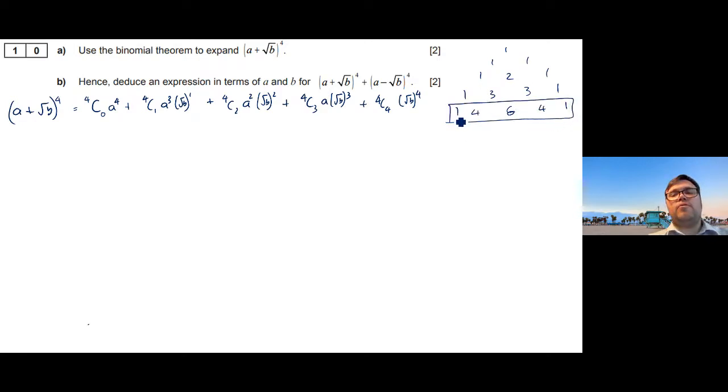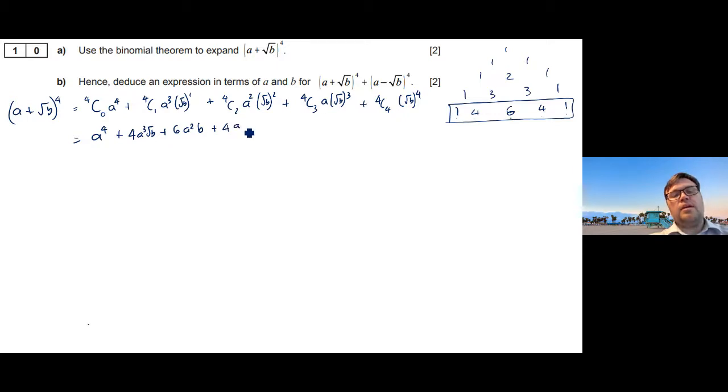So this is 4C0, 4C1, 4C2, 4C3, and 4C4, which will give me 4C0 is 1, so that's just going to be a to the 4. 4C1 is 4, a cubed square root of b. That's going on there. 6 a squared b, because square root of b all squared is b.